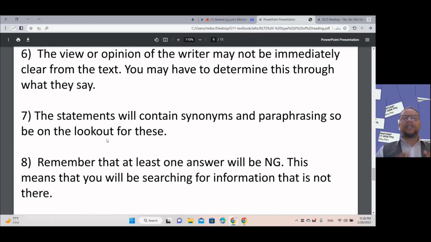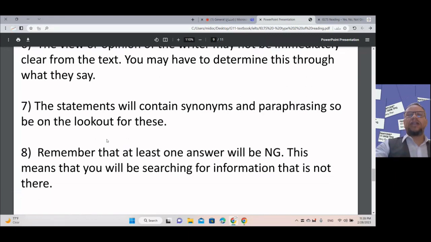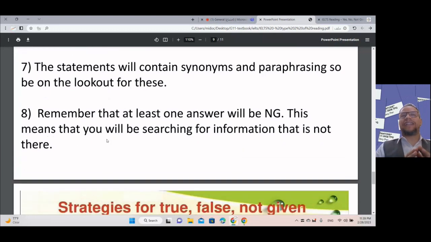I mean, take care. You will not find the keywords the same in the passage and paragraphs, the same as in matching headings. You will find just the synonyms or antonyms, I mean the opposite or the same meaning, but maybe not the same word. Last one: remember that at least one answer will be not given.